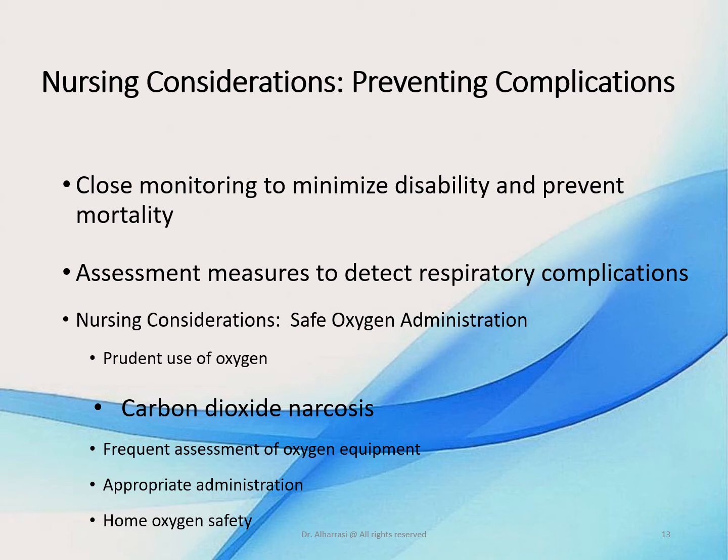We need also to consider safe oxygen administration, because it can cause what we call oxygen toxicity in the older adults. Also, we need to monitor for carbon dioxide narcosis, and we need to assess the oxygen equipment frequently.